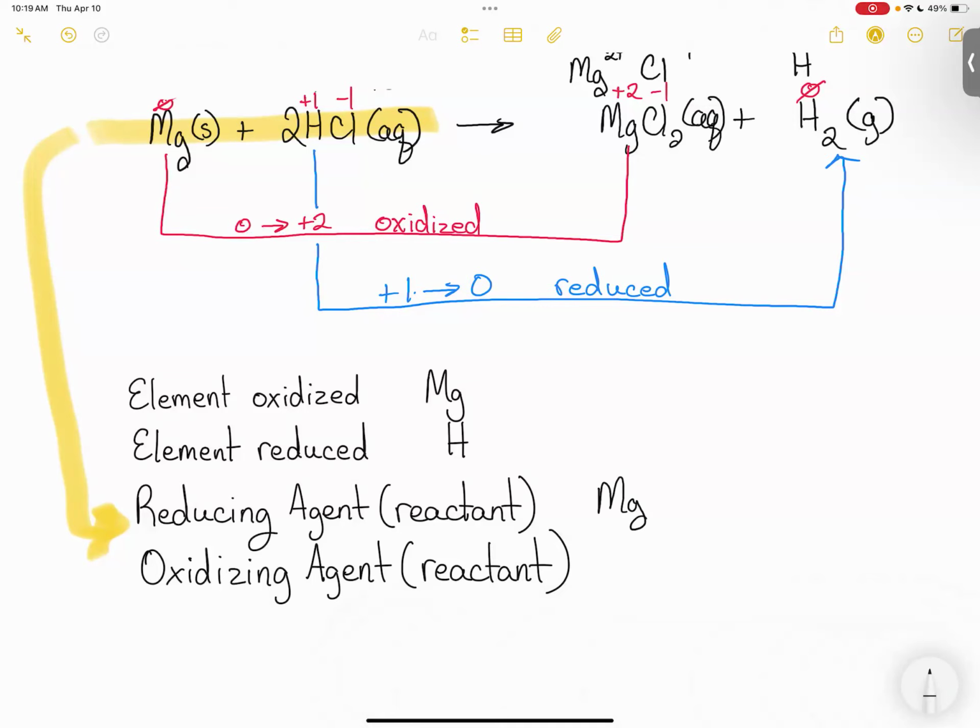Hydrogen. What reactant was hydrogen in? That is your answer. For the oxidizing reactant, you don't put the coefficient. You don't have to.